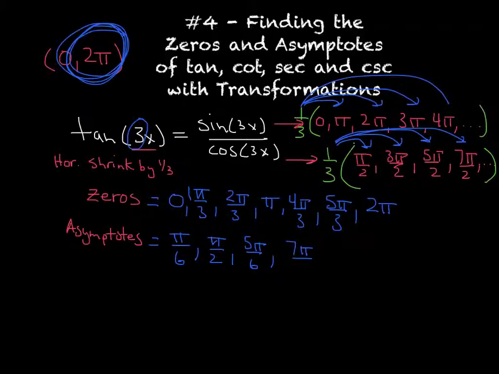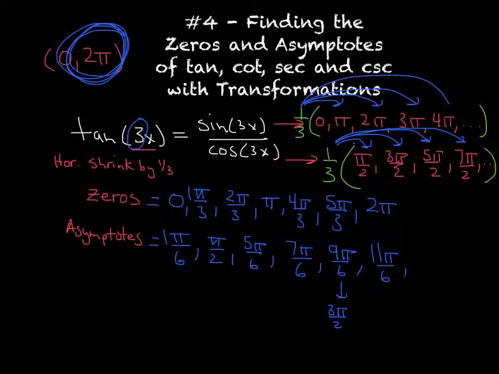All right. Are you catching the pattern? 1 pi over 6, 3 pi over 6, which reduces to pi over 2, 5 pi over 6, 7 pi over 6. Oh, odd numbers, 1, 3, 5, 7. So 9 pi over 6, which reduces to 3 pi over 2. And then 11 pi over 6.